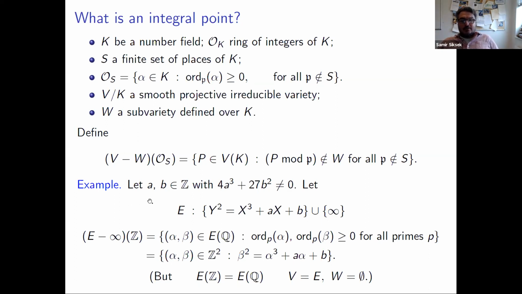If you take a Weierstrass elliptic curve, y squared equals x cubed plus ax plus b, plus the point at infinity, where a and b are integers and the discriminant is non-zero, and I look at the punctured curve, which is the same as the affine curve, E minus infinity, the integral points on it are going to be rational points that don't reduce to the point at infinity.